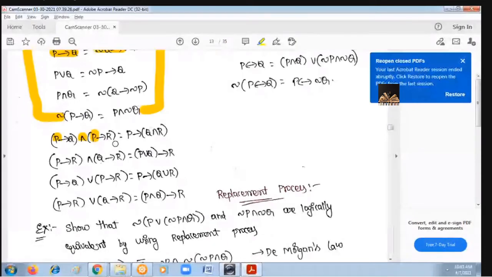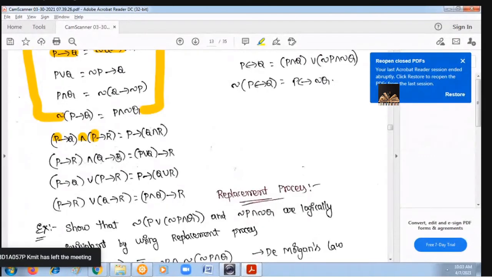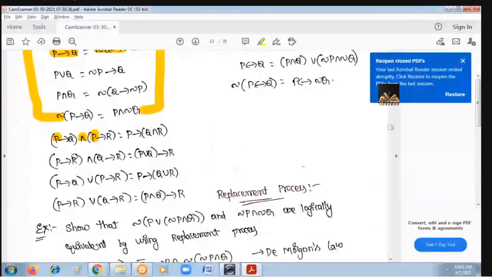Right? So see the second one. P tends to R and Q tends to R. When you observe these two terms, here the second variable is same. That is your conclusion is same. In the first case, your hypothesis is same. So whatever the connective we have here, that is not going to be changed. You will get the same conjunction.